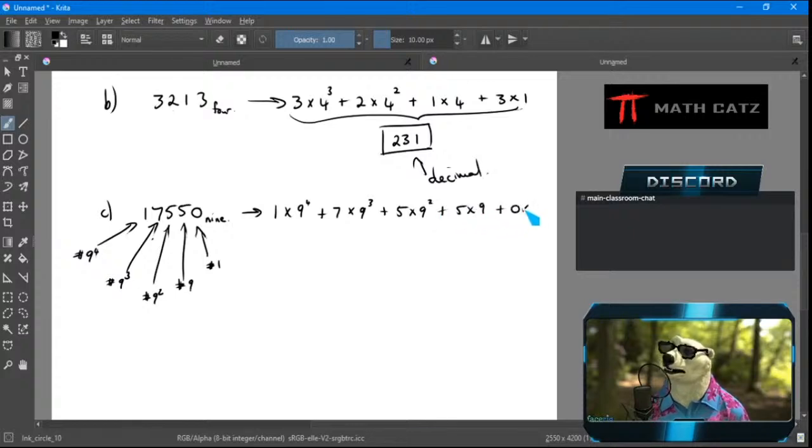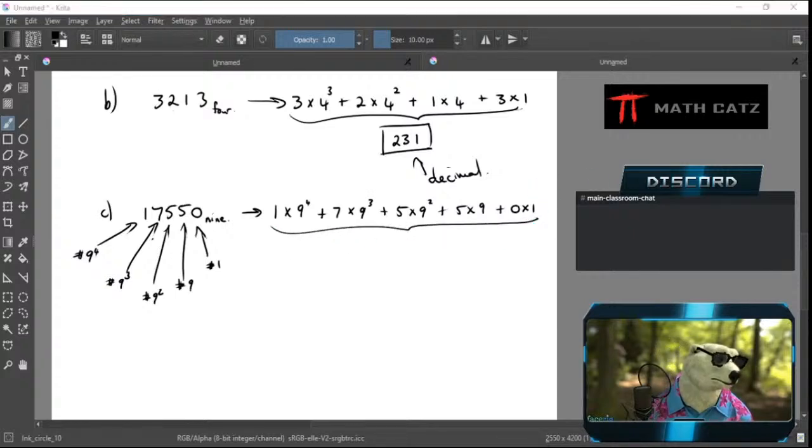I'm going to fit it in. And then it's just a formality. Let the calculator tell you what it is. 9 to the power of 4, I don't care to remember what that is. Plus 7 times 9 to the power of 3. Maybe you remember it, maybe you don't.